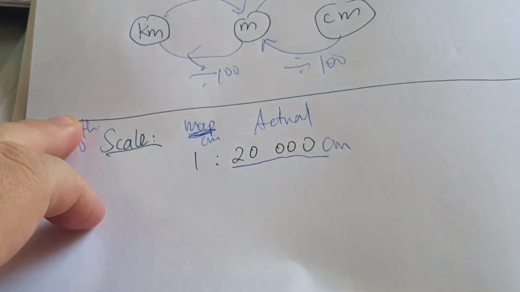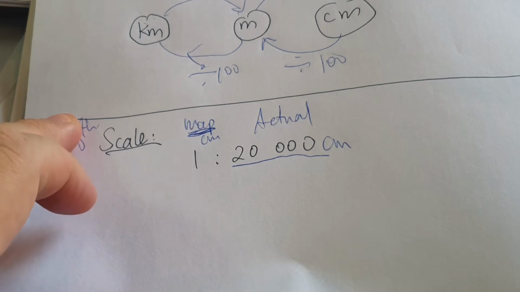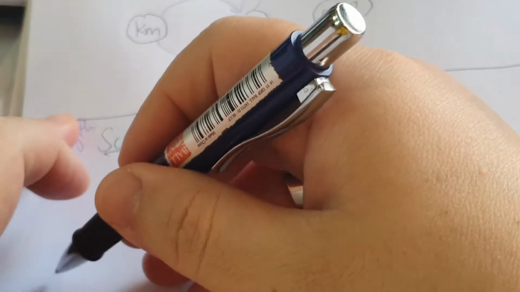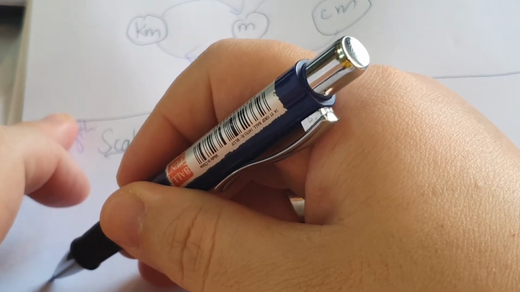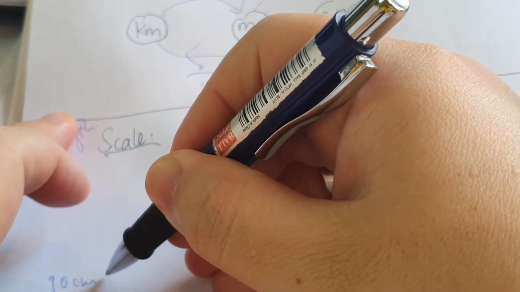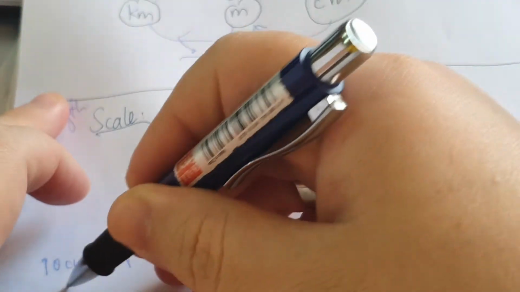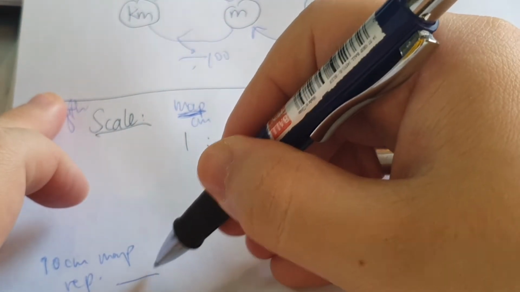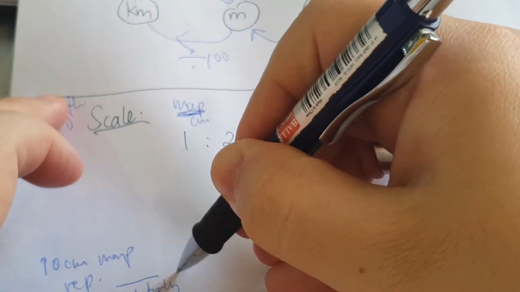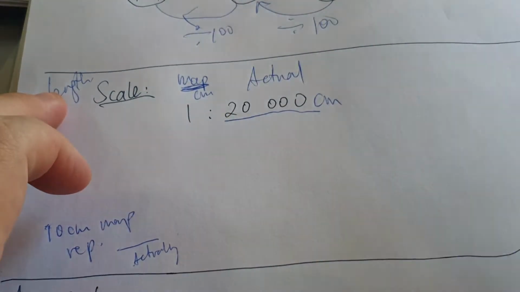So let's say they ask you, 10 cm on the map represents how long actually, how long on actual ground, the distance.